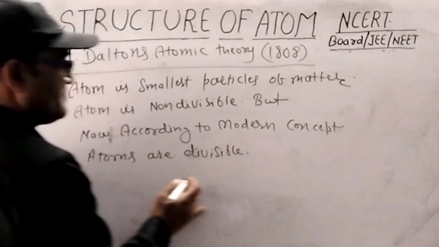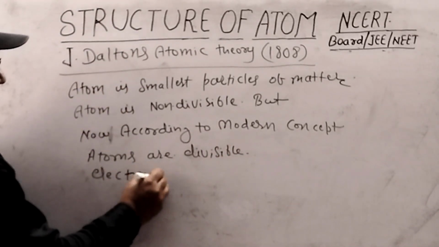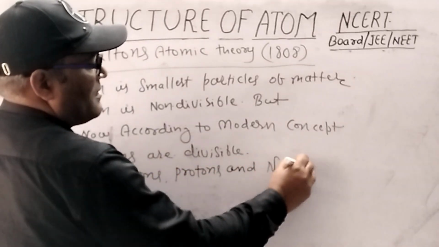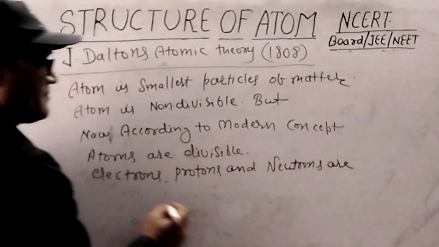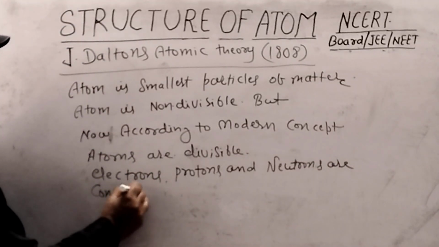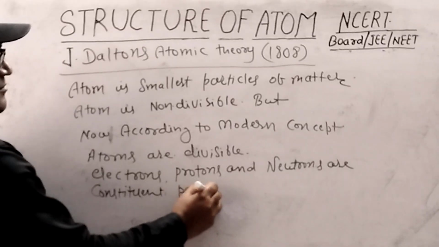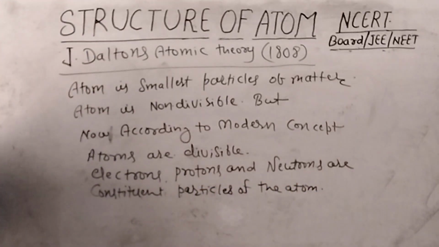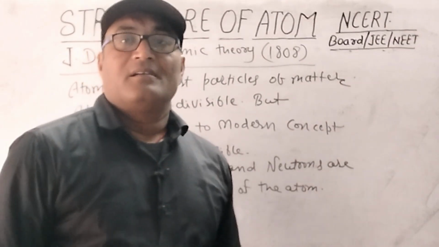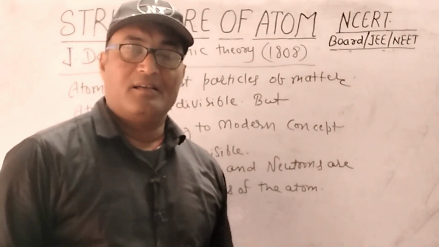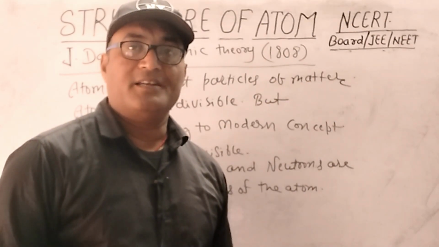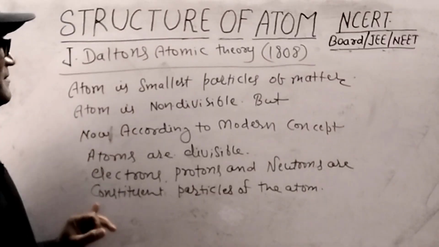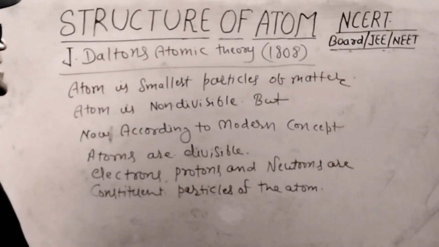After division of atom, electrons, protons and neutrons are constituent particles of the atom. Some other particles are also present inside the atom, for example positron, meson, neutrino, antiproton, antineutron, but mainly three particles are present inside the atom, and their names are electron, protons and neutrons. So you can take a screenshot.